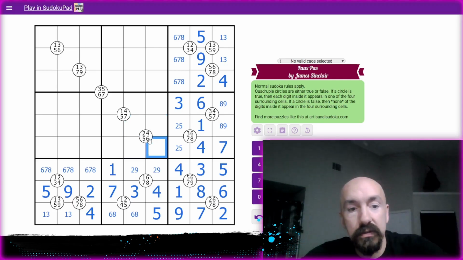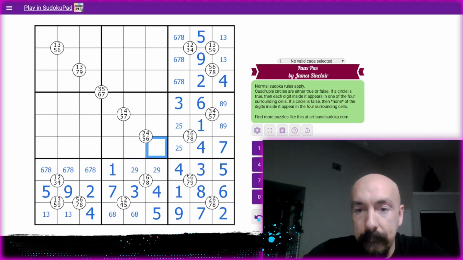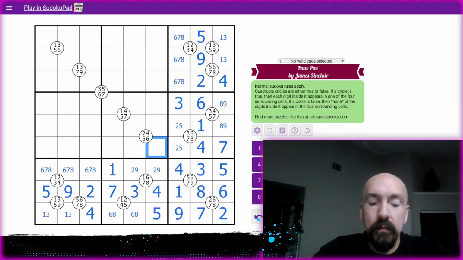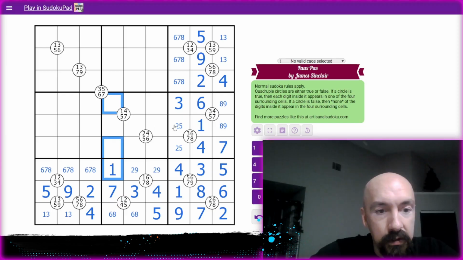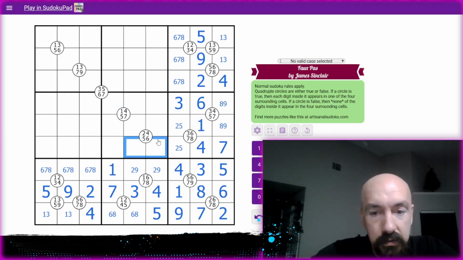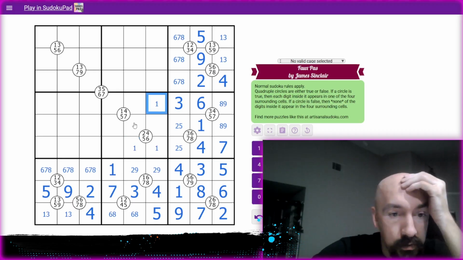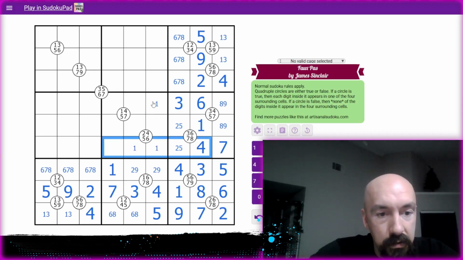So they are both false. Both false. Okay. Happy with that. Okay, so if they are both false, one cannot go there, cannot go here or here. Ones can go there.